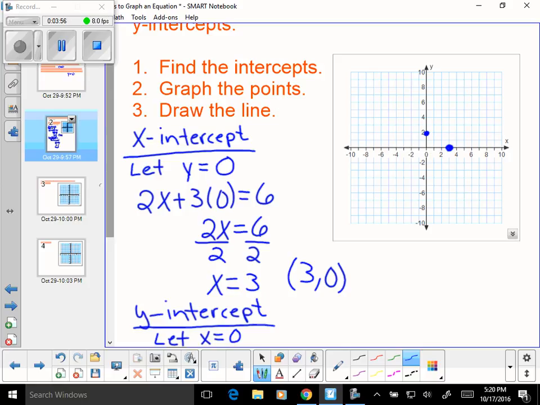Now, unfortunately, I need a few more points than you do, so I'm going to put some more in. Yes, I've worked this out ahead of time. You, meanwhile, can get your rulers out and graph using these two intercepts.